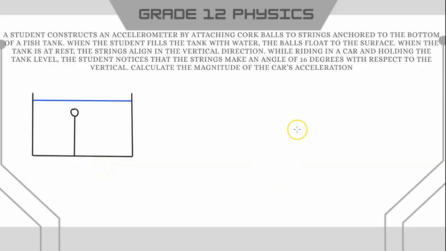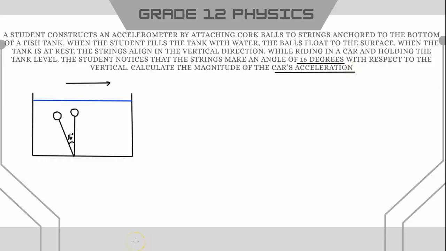But then when you accelerate, so let's say the whole car accelerates in this direction, this will go back like so. And it says it makes an angle of 16 degrees with respect to the vertical. So this angle here is 16 degrees. Now, based on that, what is the car's acceleration?